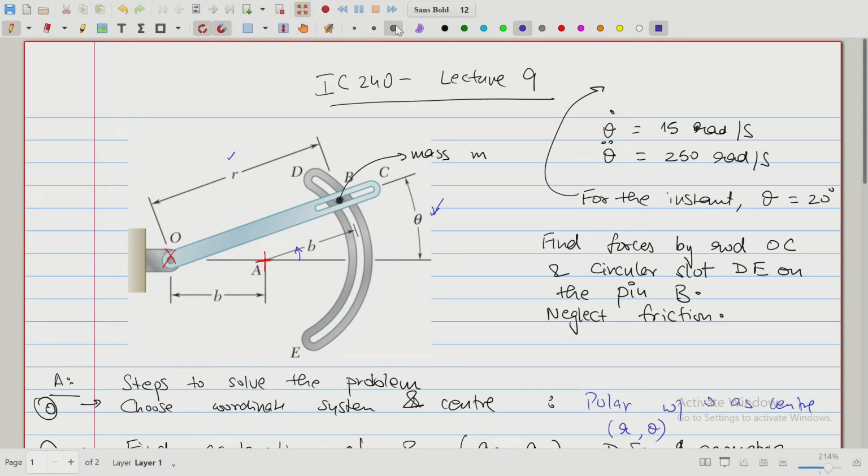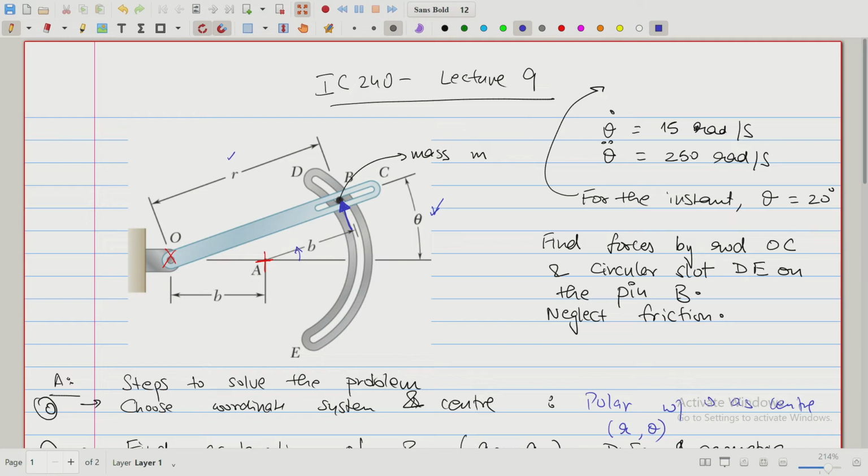So what will be the direction of the force that is due to the rod OC on the pin B? Like this? Because the slot in the rod can only apply a normal force. Tangential is not allowed because we are neglecting friction here.